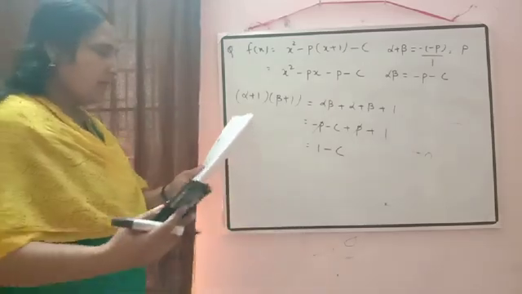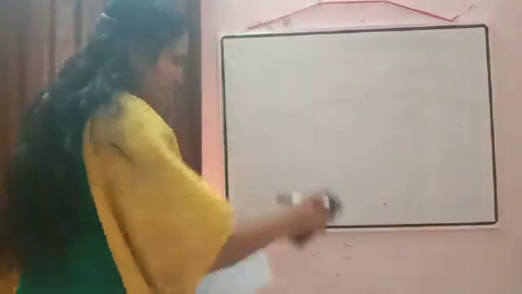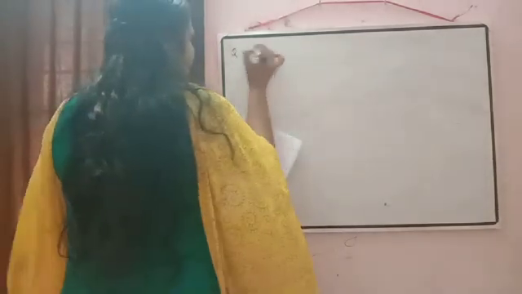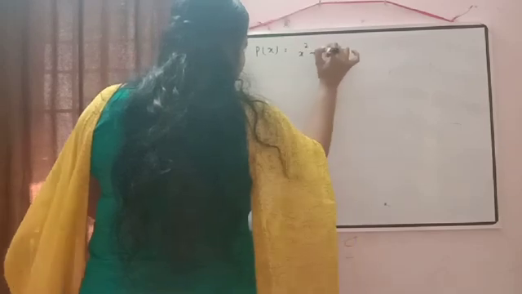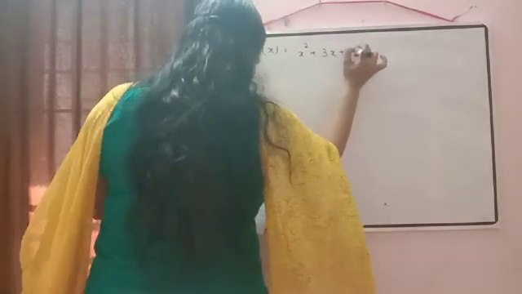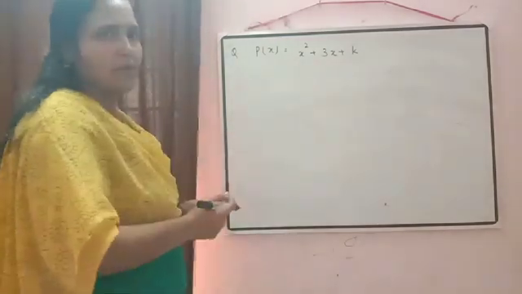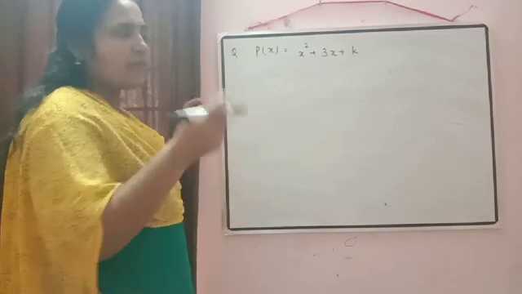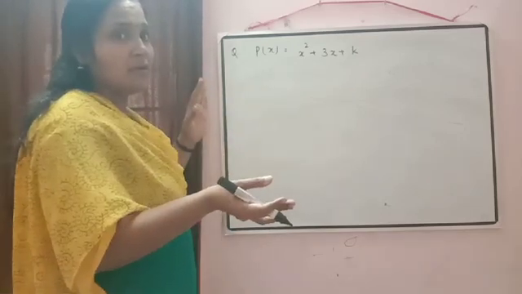Okay. Now the next question is, if 2 is a zero of the quadratic polynomial, we can name that polynomial as p of x. p of x is equal to x square plus 3x plus k. Find k. It is given 2 is the zero of the polynomial. So we know in place of x, if we substitute 2, the polynomial will become equal to 0.